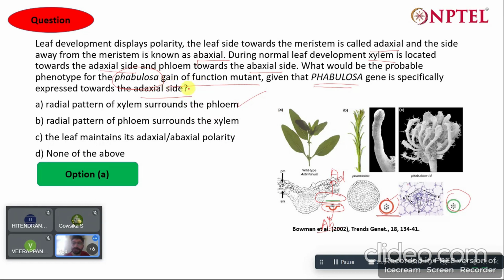This is a gain of function mutation, that is, we have the protein in extra amount, or the function of the protein is enhanced. In that case you can understand. Okay, sir. Thank you, sir.